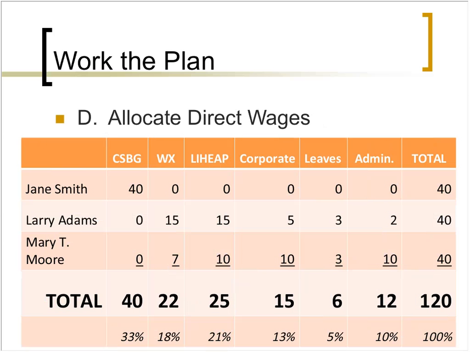Fourth step is to allocate direct wages. Most organizations, as we previously saw from our polling question, have some sort of influence of either direct labor charges or direct labor hours in the allocation of their pools. These require allocation through a personal activity report, or PAR.